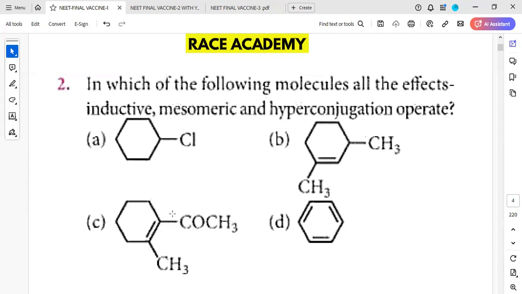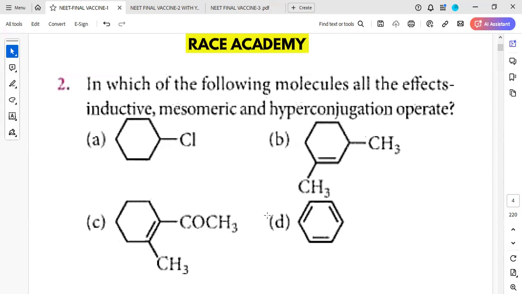Whereas in the third option we have a ketone directly linked with a double bond unsaturated carbon. The chances are very high for mesomeric as well as hyperconjugation. Hydrogen attached to an sp3 carbon linked with an sp2 carbon is hyperconjugation. Mesomeric effect is also possible.